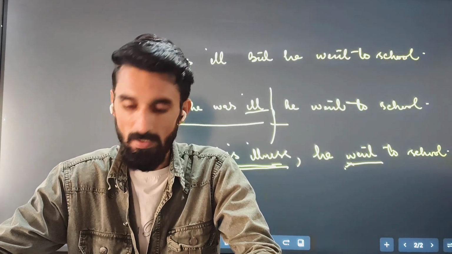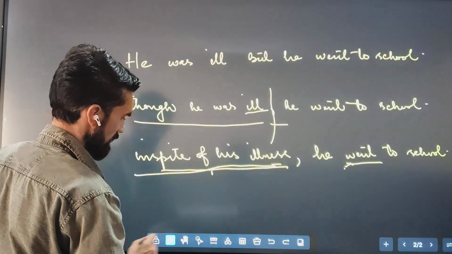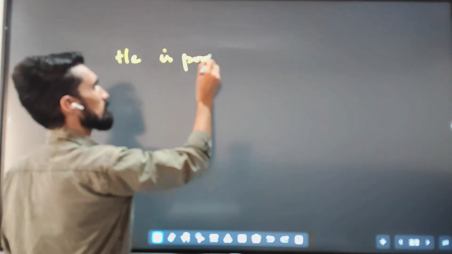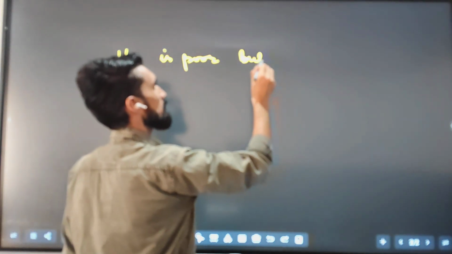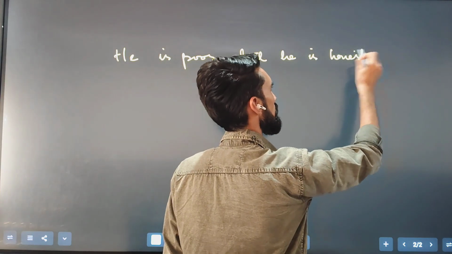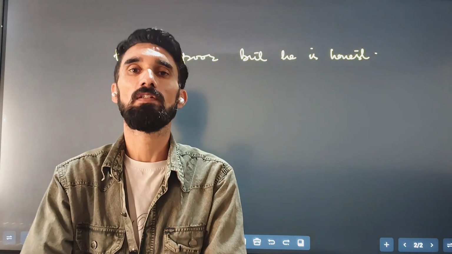So let me tell you another example of the interchange of sentences on the same pattern like I mentioned earlier. He is poor, but he is honest. Which sentence is it now?